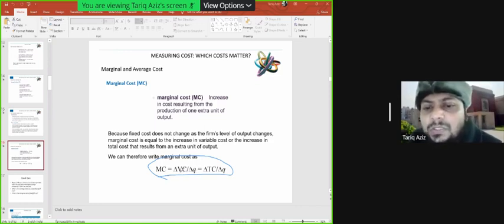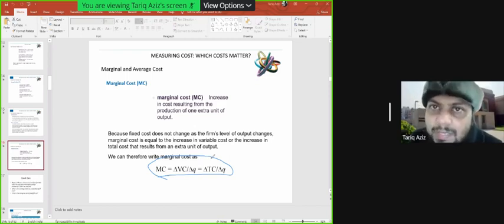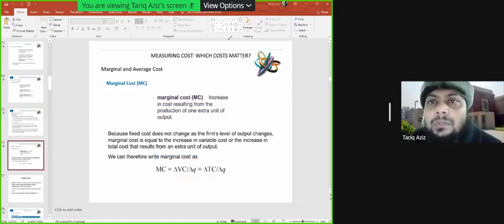And since the fixed cost is constant, whether we take total cost or variable cost, both mean the same thing. So the change in variable cost, or the change in total cost, whether we use total cost or variable cost, it means the same thing.